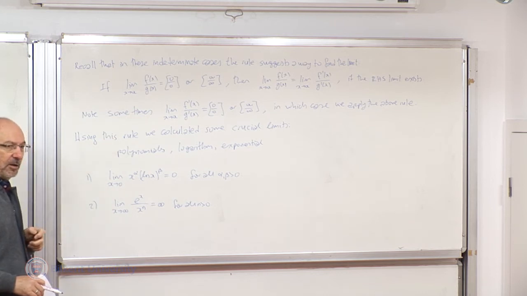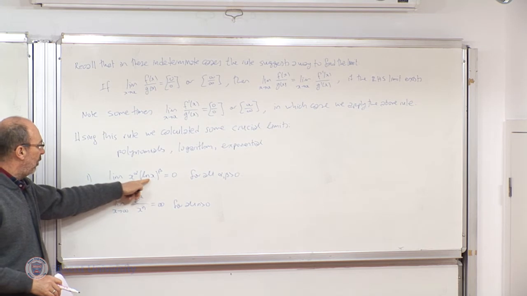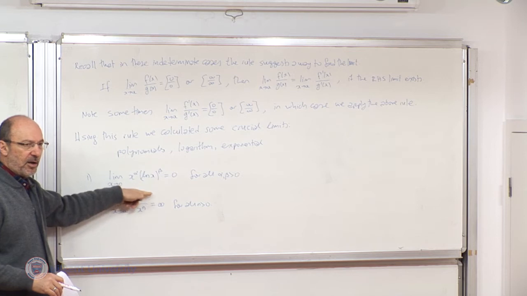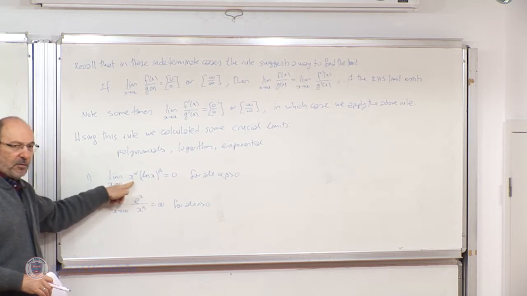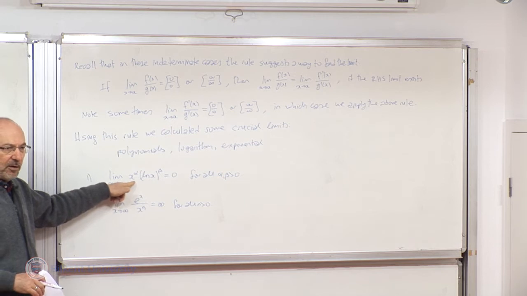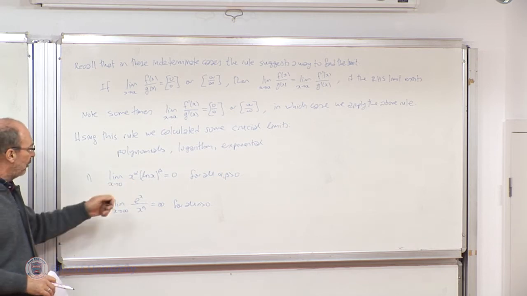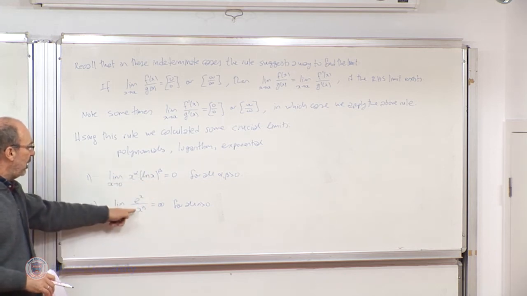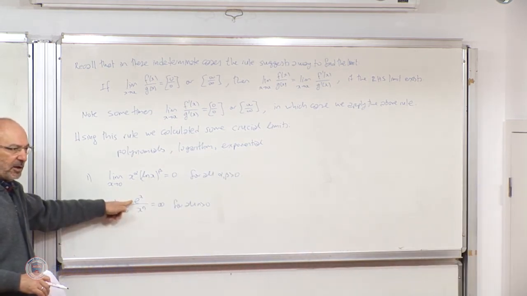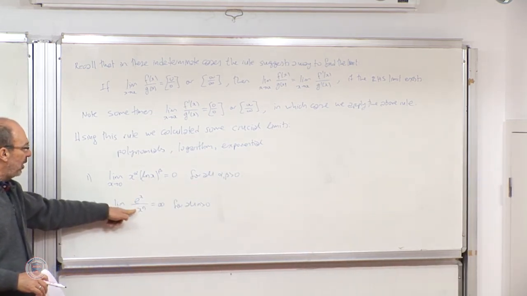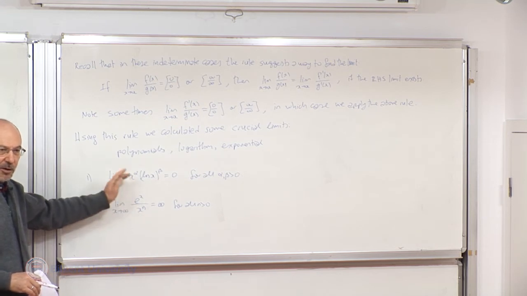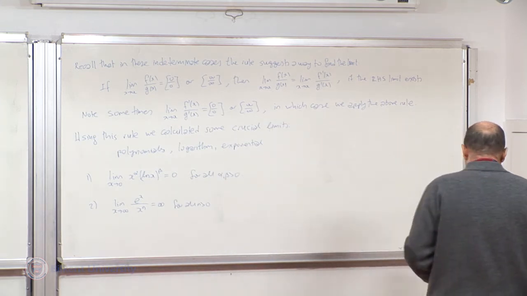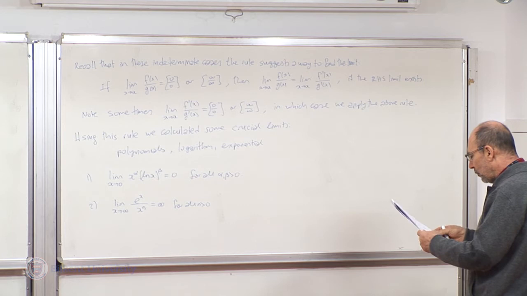You are taking derivatives. Once you take the derivative of this thing, it loses a power, but by chain rule, the inside gives an extra power of x, which feeds x to the alpha. So x to the alpha remains the same throughout the calculation. Here we write this divided by 1 over x to the alpha. And here the same thing. You keep taking the derivative of this, nothing happens to it. But as you apply L'Hopital, this guy loses power. So eventually it disappears and this wins. Okay, so these were the two things that we have to know.